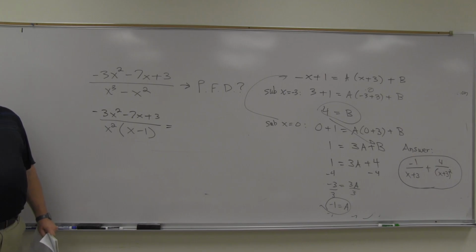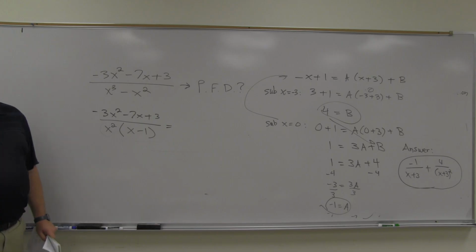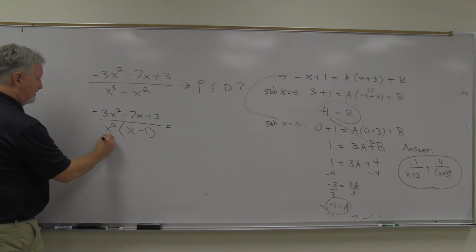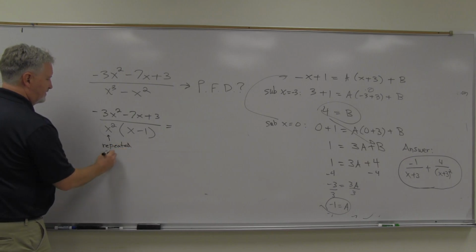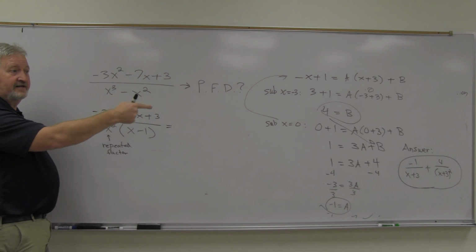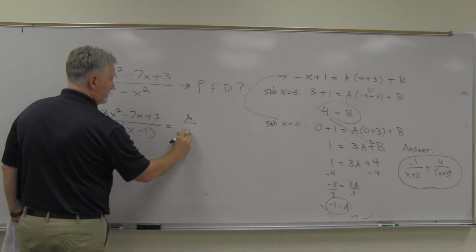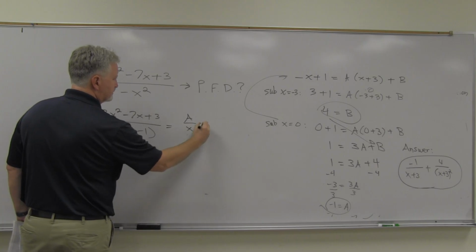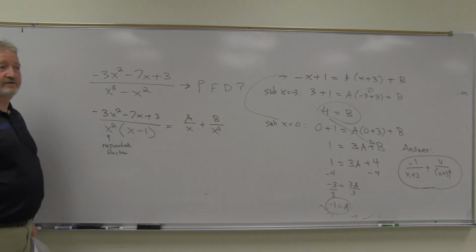Now what you have to note here, what about this one? It's a repeated factor, isn't it? It's got a squared on it. So what does that mean over here? I got to do 2. I got to do A over x, and B over x squared. That's what you have to do if you have a repeated factor, a squared factor.